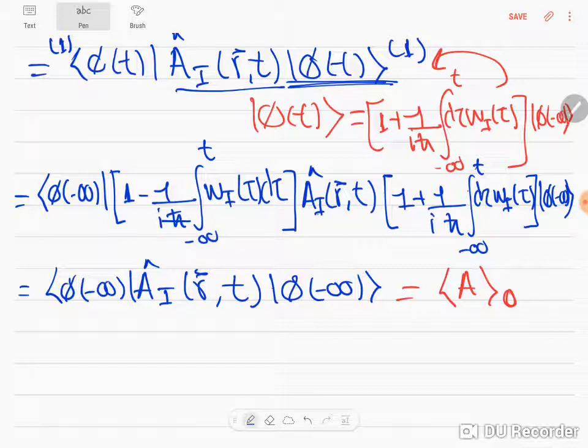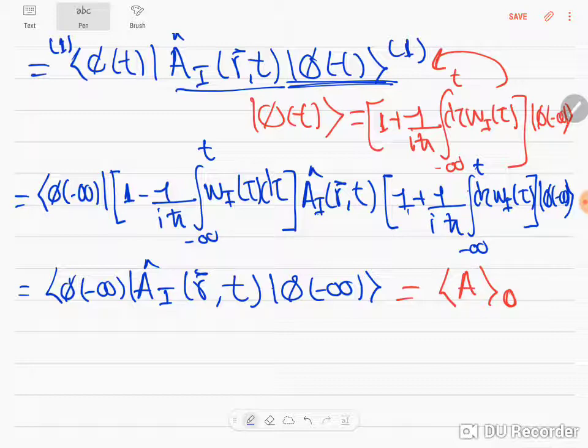So we have this φ(−∞), which is acted upon by this minus 1 over iħ. If I put this i upstairs it becomes positive, and if I put this i upstairs here it becomes negative.